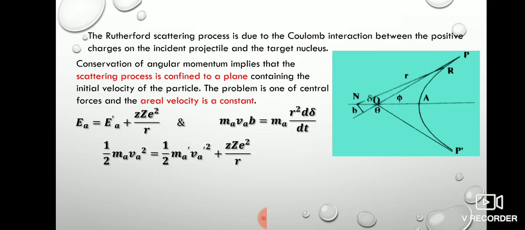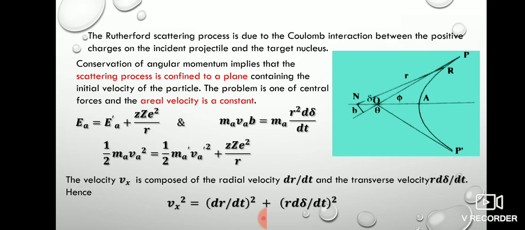Expanding the first equation using the kinetic energy equations, half M_A V_A square is equal to half M_A V_A prime square plus Z Z e square by r. The velocity of the particle is composed of two parts: one is the radial velocity, dr by dt, and the other is the transverse part, r d delta by dt. Hence the total velocity can be written like this.